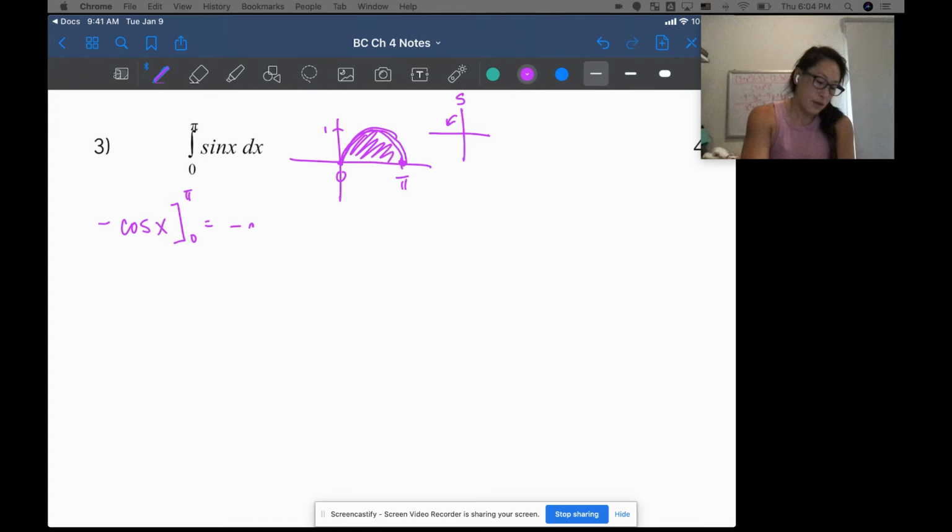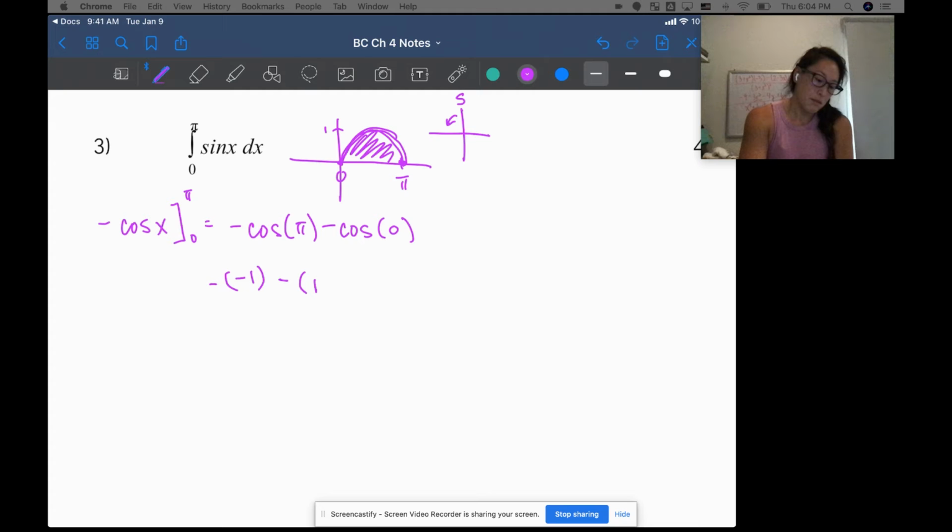So I get negative cosine of pi minus negative cosine of 0. Cosine of pi is negative 1, and then the negative on the outside. So negative negative 1 minus the cosine of 0 is 1.